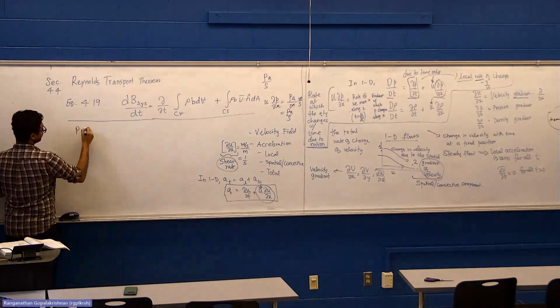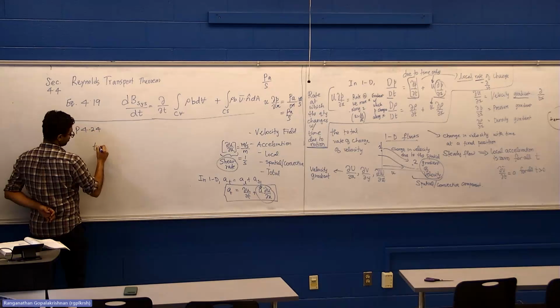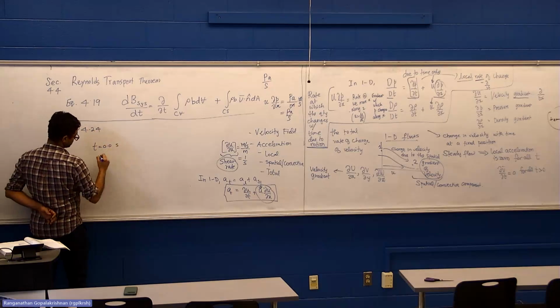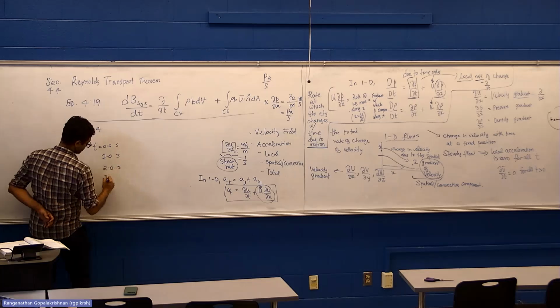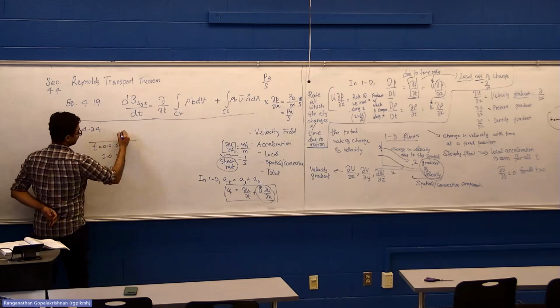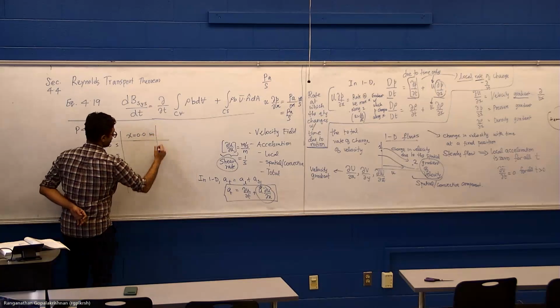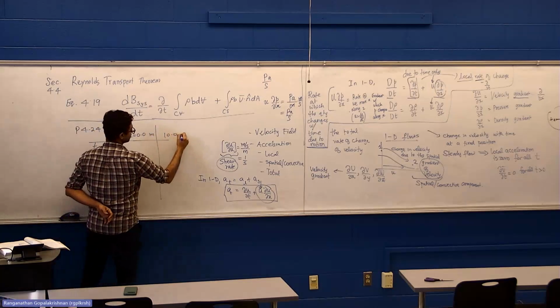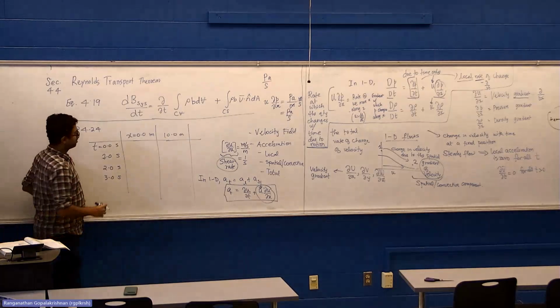So in problem 4.24, t equals 0.0 seconds, 1 second, 2 seconds, 3 seconds, and then for x values of 0.0 meters, 10 meters, and then 20 meters.